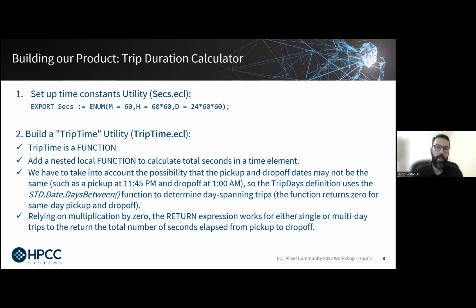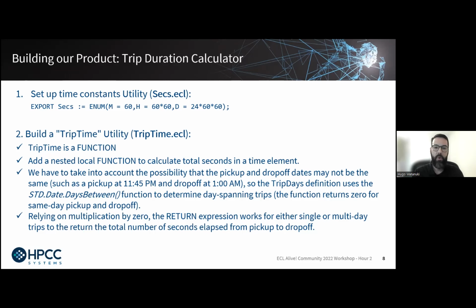And of course, if the trip is contained within the same day, we'll rely on multiplication by 0, and the return expression will work for single or multi-day trips, no matter what the input parameter is.